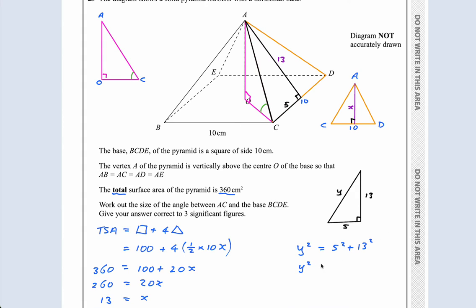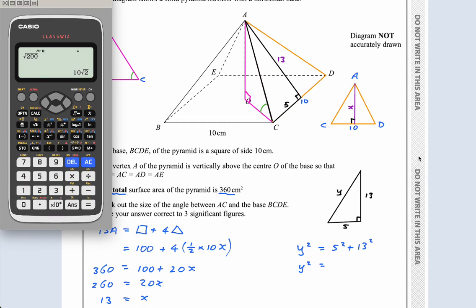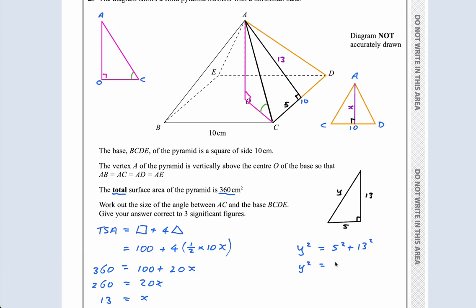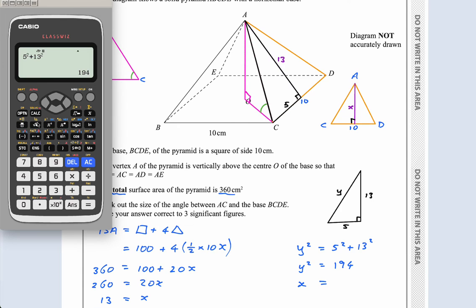Y squared equals 25 plus 169. So 5 squared plus 13 squared is 194. So that's 194. And then y is the square root of 194.